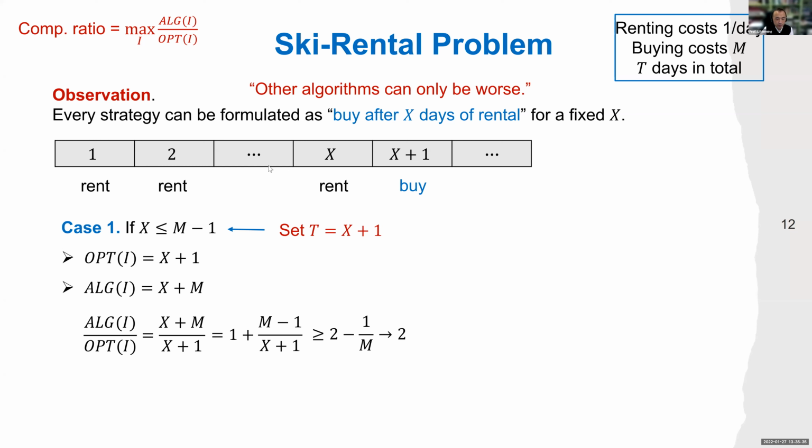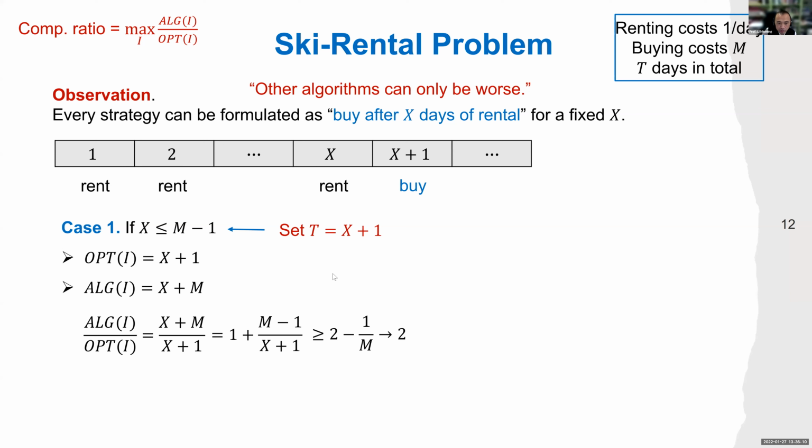Actually, if x is very small, this ratio will be super bad, right? So basically, the smallest ratio you can achieve is when x is equal to m minus 1, right? Otherwise, if you have even smaller, then the ratio will be even bigger, right? So that also explains that probably renting for the first m minus 1 days and then buy, this will be the best. This would be the best algorithm for now.